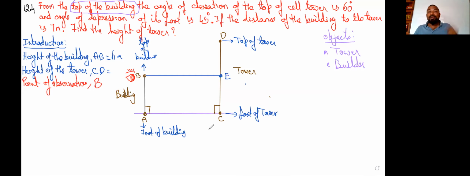So what we have done, we have made the construction. If you want, you can label it as construction. You make the heading as construction.